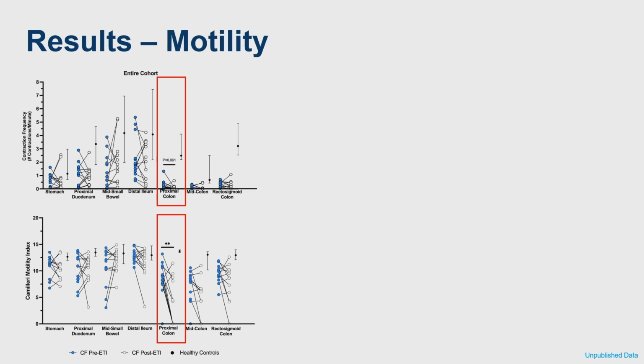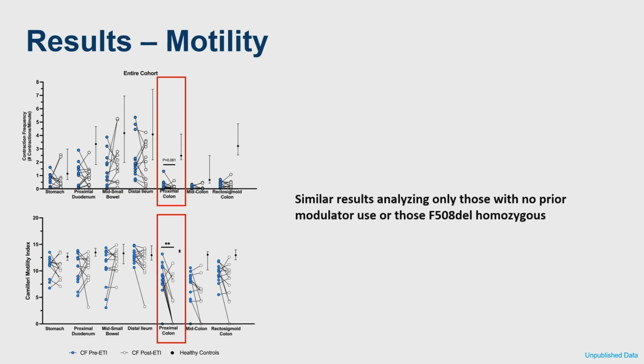But again, it's in the opposite direction of where our healthy controls are. We found similar results when we analyzed individuals that had no prior modulator use or those that were F508 del homozygous. They both showed either a trend or significance in that same region in the proximal colon.